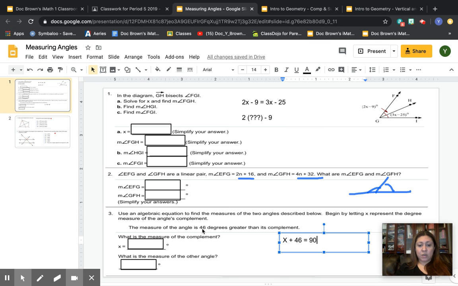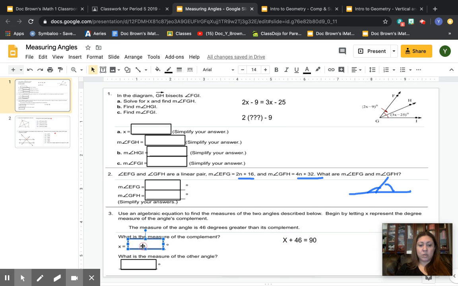So the measure of an angle is 46 degrees greater than its complementary. Yeah, so then subtract 90 from this, you get that, and then you can find what the other degree was in this part right here.